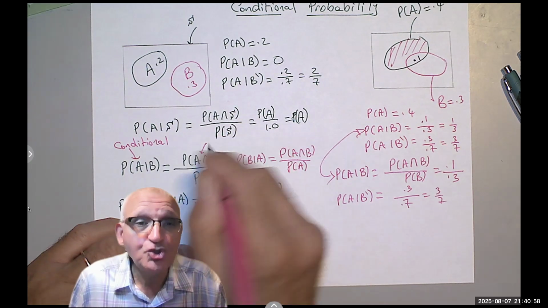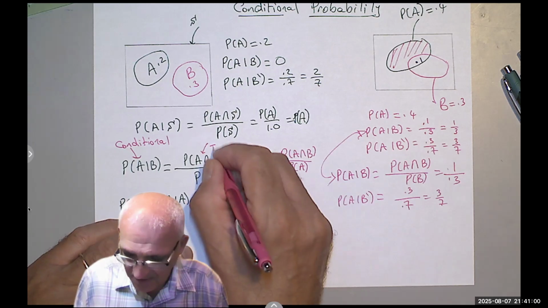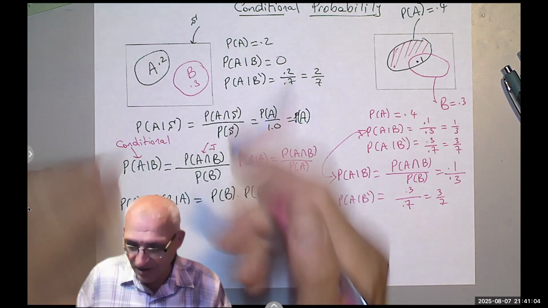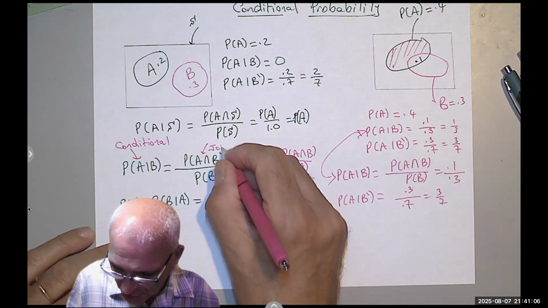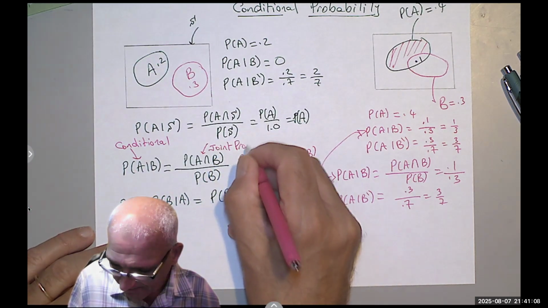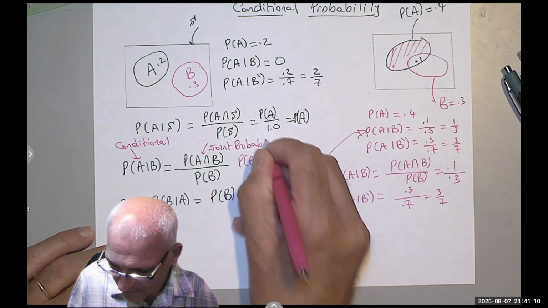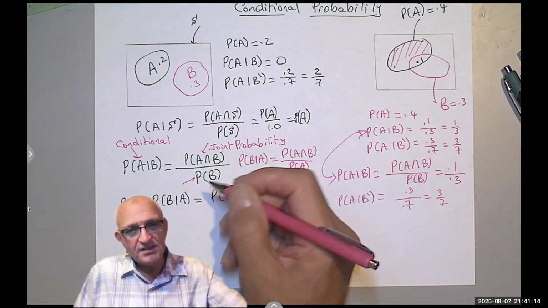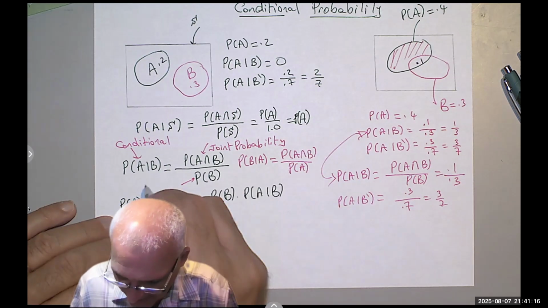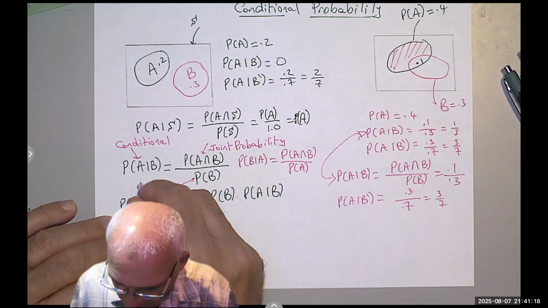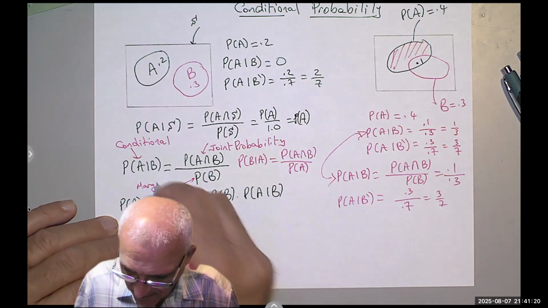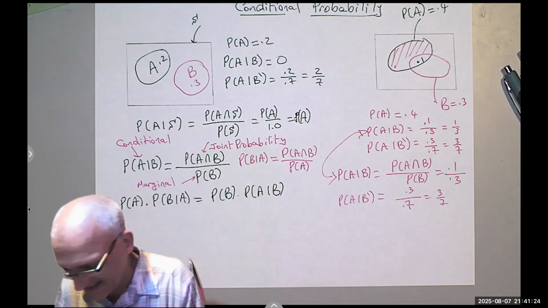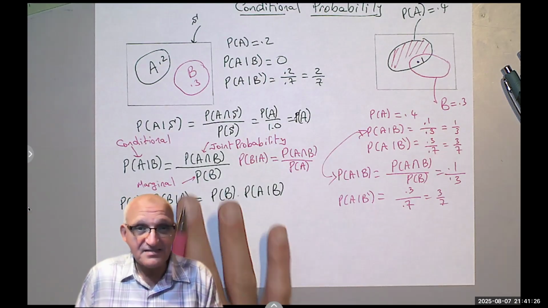This is called the joint probability because two events are joint, occurring at the same time. And the denominator, you will learn later, we call the marginal probability.